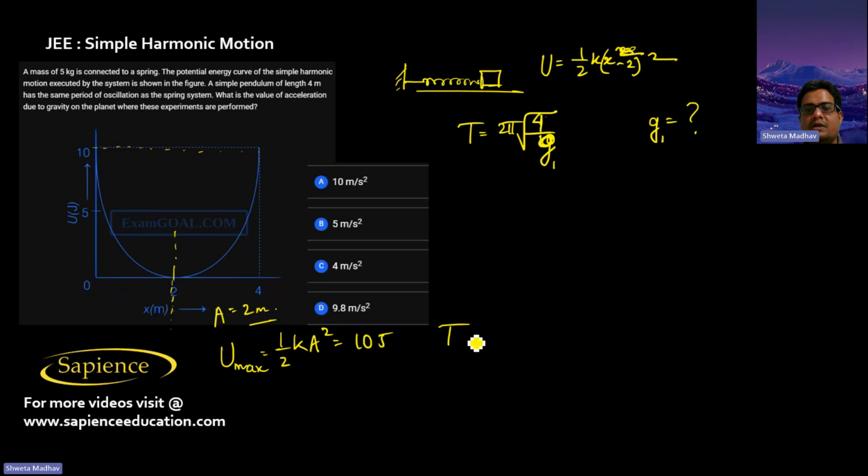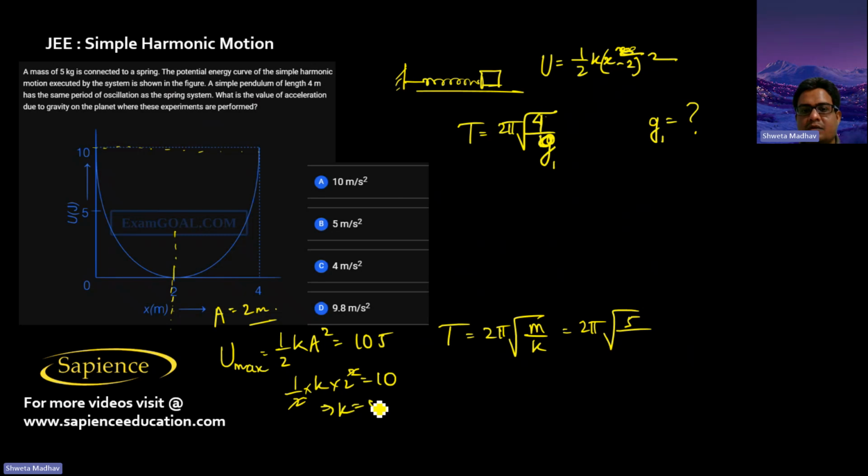Then the time period we can also find out, just 2 pi root over m by k. M is 5, so 2 pi root over 5 by k. Now half into k into 2 square is equal to 10 joule, so k will be equal to 5. With k as 5, this is equal to 2 pi seconds.